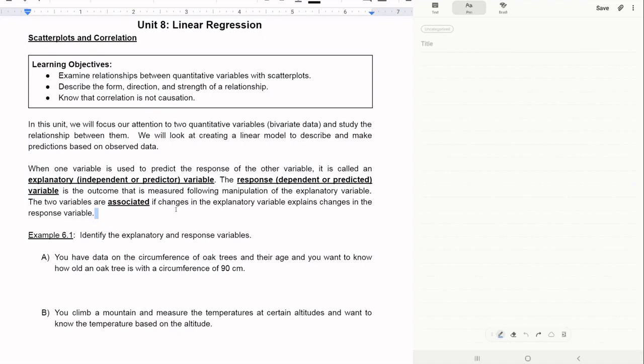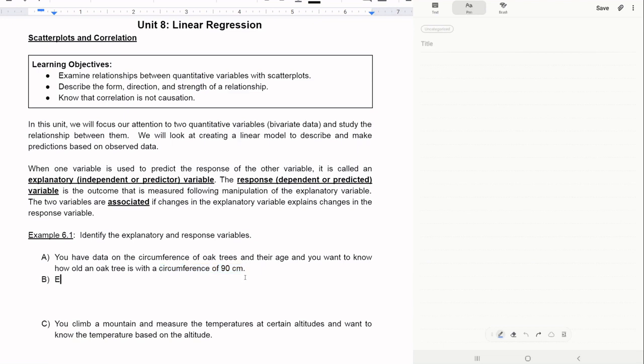Let's have a look at a few examples of identifying the explanatory and the response variables. Suppose that we have data on the circumference of oak trees as well as their age, and we want to know how old an oak tree is with a circumference of 90 centimeters. What we're trying to predict is how old the oak tree is given its circumference.